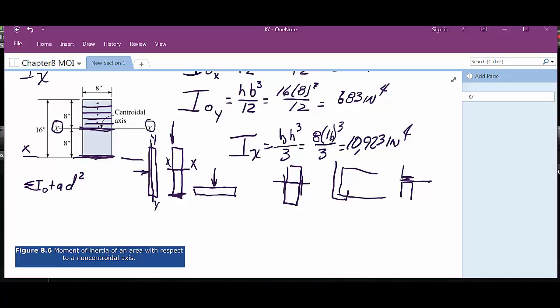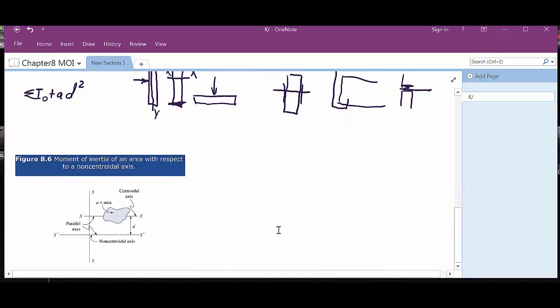Now, it talks about the transfer formula on page 160, and that's this, where you have to use this distance d. Okay?